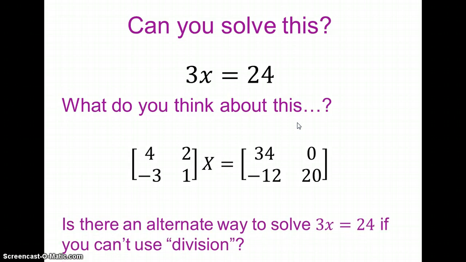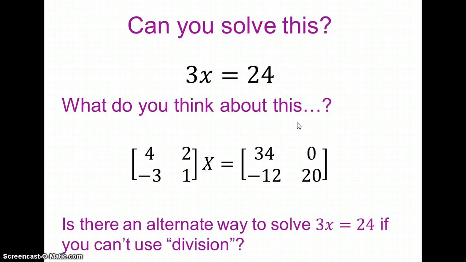If I were to tell you that in matrices we don't have a division operation, what is an alternate way that you could solve 3x equals 24 if I didn't allow you to use division? Now, if you think about this for a minute, what I would use if I wasn't allowed to use division would be my multiplication by the reciprocal, or the inverse.